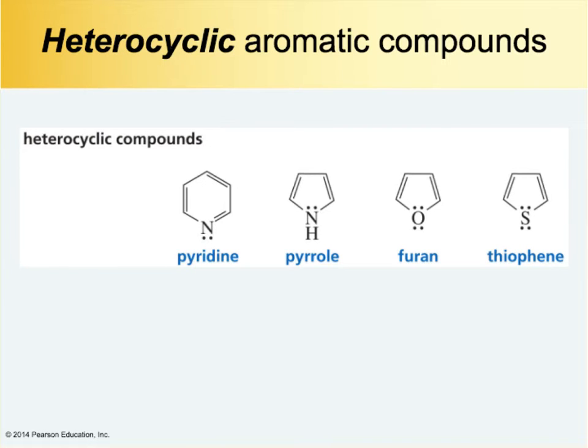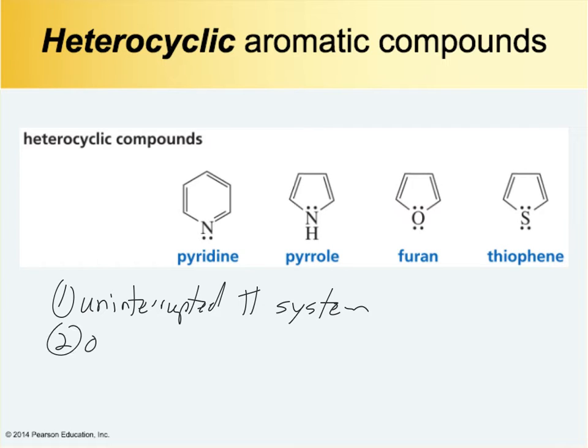Now how does that work? The same rules still apply. Rule 1, an uninterrupted pi system of p orbitals, all lined up. Number 2, an odd number of pairs of p orbital electrons.